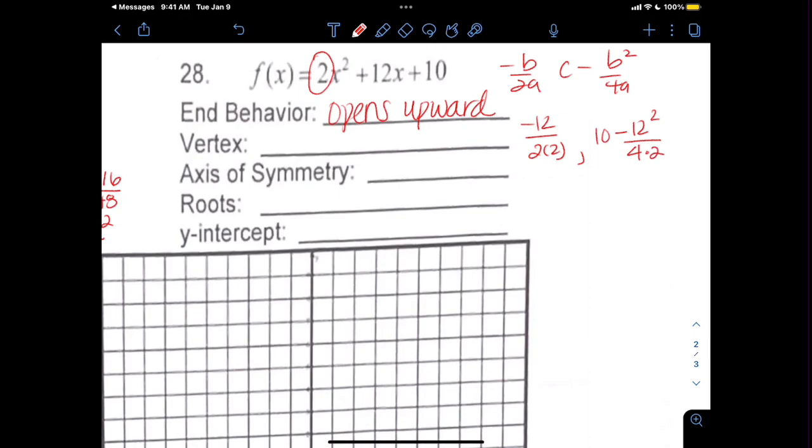So let's simplify this first one. Negative 12 over 4, negative 3, comma, and this will be 10 minus 144 over 8.